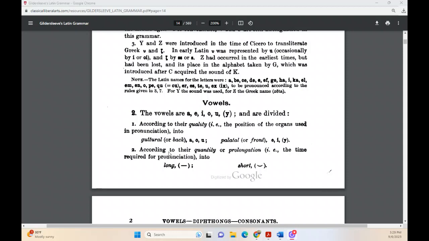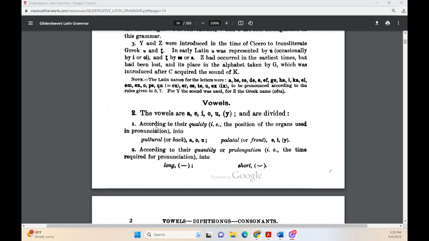And the second way is by quantity, that is, whether the vowel is long or short in the time that it takes to pronounce it. So the first is by quality, which relates to how the sound is produced, and the second according to quantity, which has to do with how long in time the sound is produced.